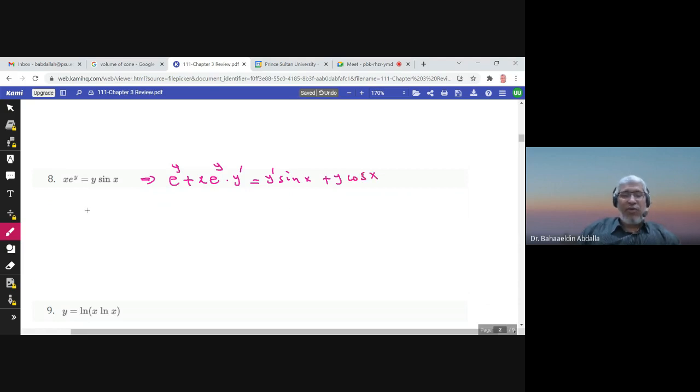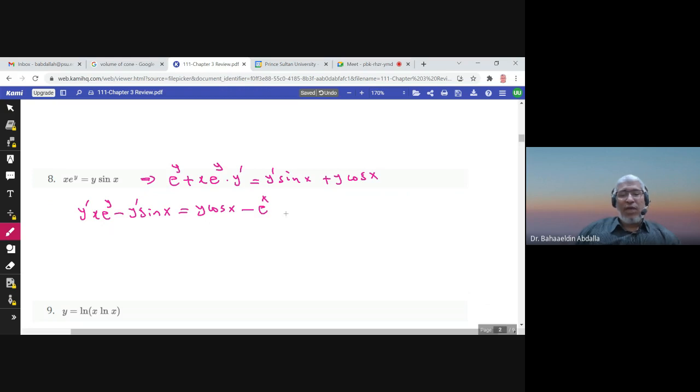cosine x. And to find y prime, I write the terms with y prime, I collect them on one side, and the other terms on the other side. e to the power x was there, so when I bring it over, it would be negative e to the power x.